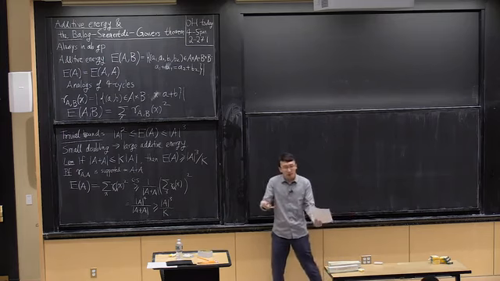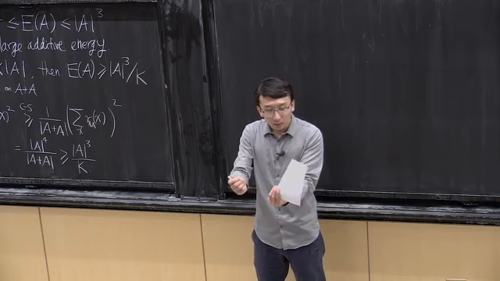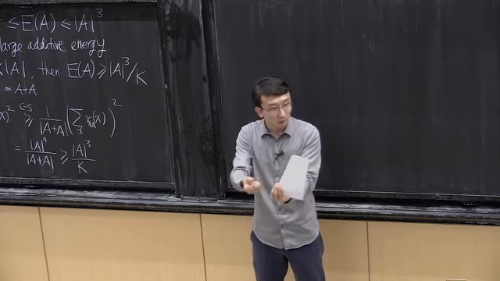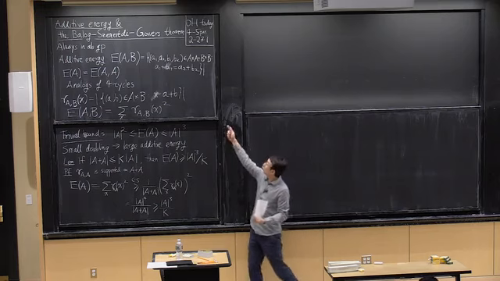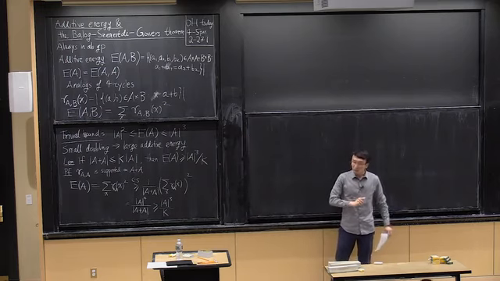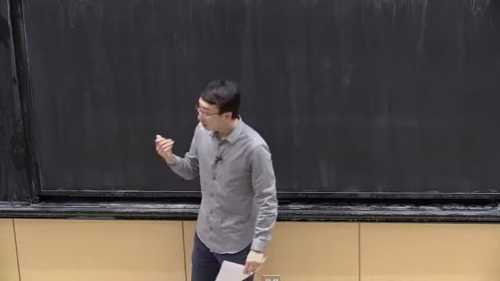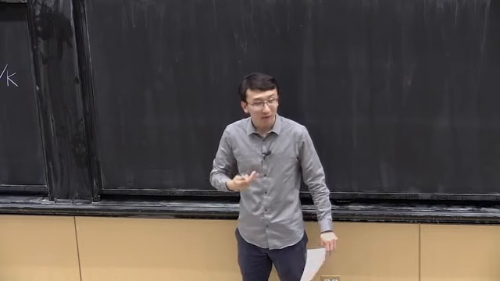This kind of makes sense. If a set doesn't expand, then there are many collisions of sums, and so you must have lots of solutions to that equation up there. But what about the converse? If I give you a set with large additive energy, it mustn't necessarily have small doubling.